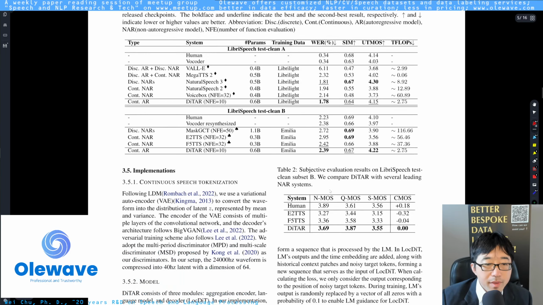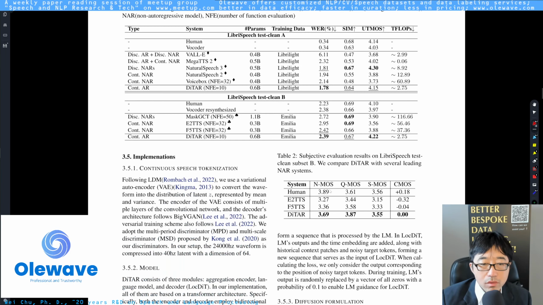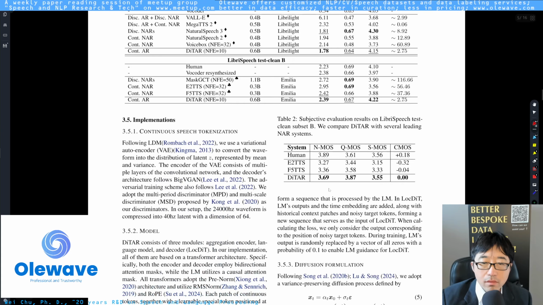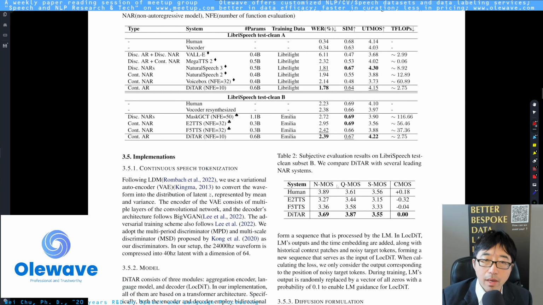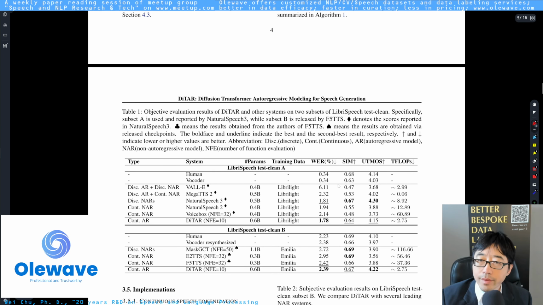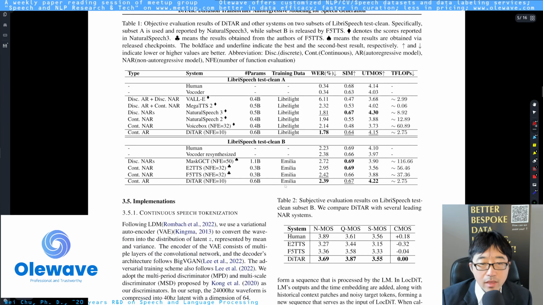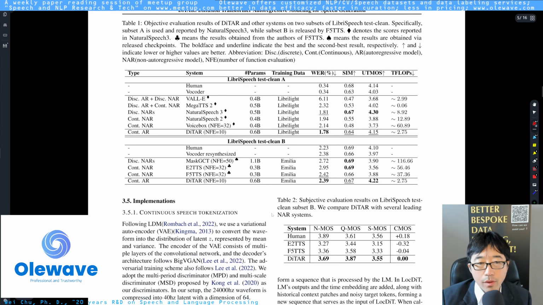Okay, implementation, I would also skip that because you might be able to find some other people's implementation somewhere. They might not release the training code, or maybe they have, but they didn't share it in this paper. Okay.